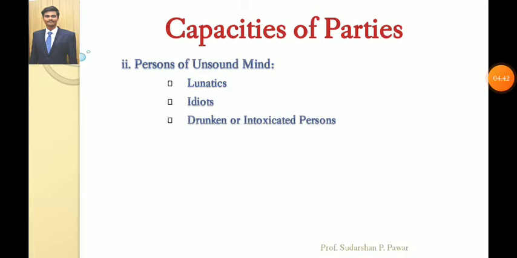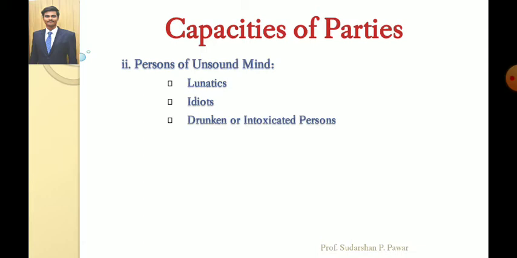In persons of unsound mind, there are three categories. The first is lunatics. A lunatic can enter into a contract when he is of sound mind. The second is idiots. An agreement of an idiot, like that of a minor, is altogether void.